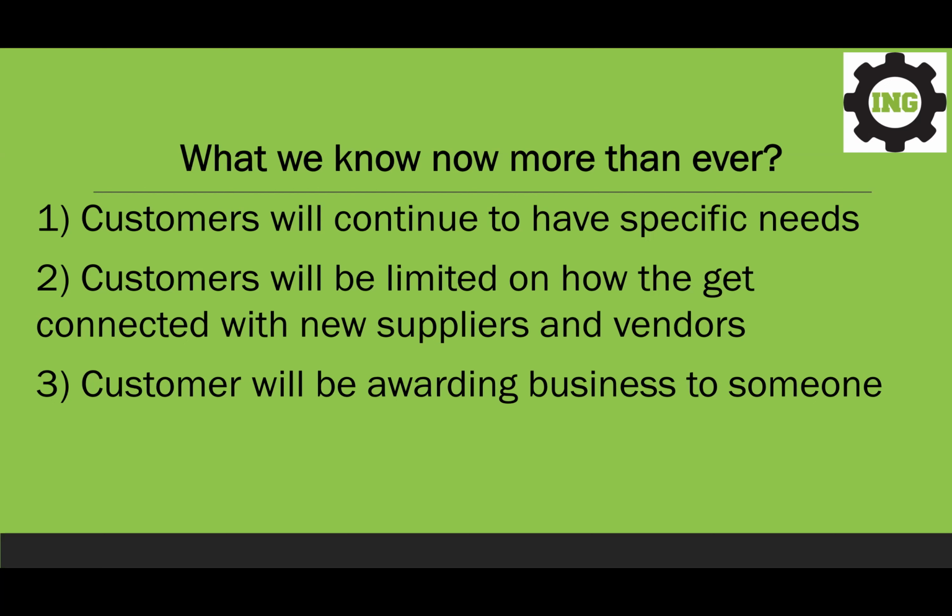They still need to meet with quality suppliers. And so if you have a good relationship with a customer, then you need to do your best to introduce the ING and your fellow members in your chapter, because they are awarding business to someone. And why can that be you or your fellow members?